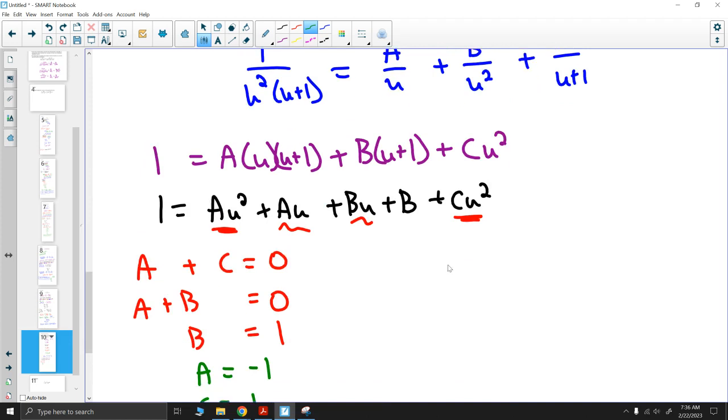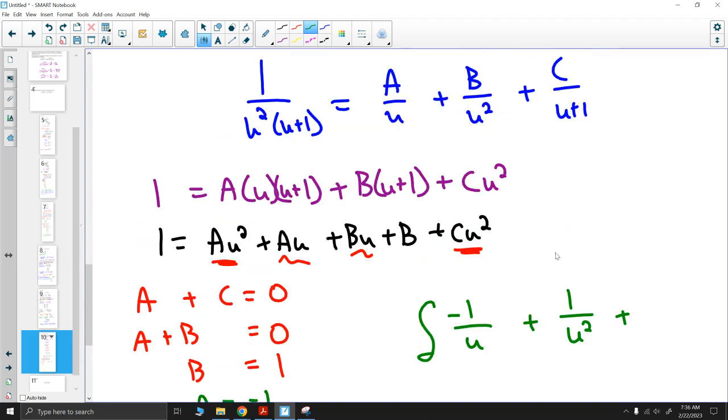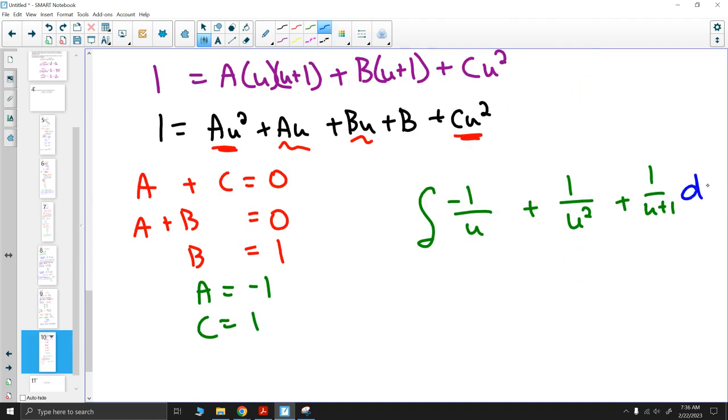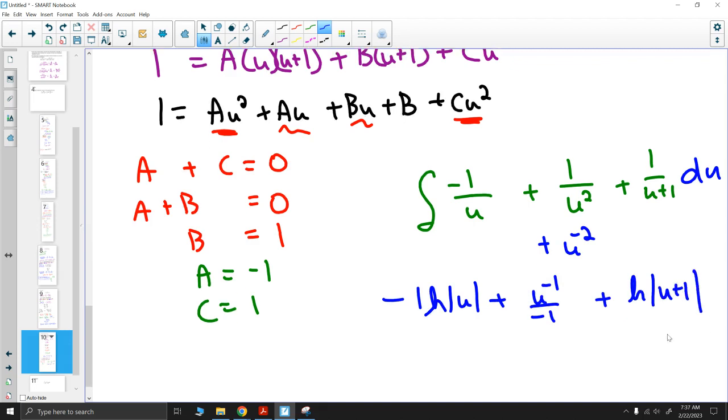So we can rewrite this as the integral of -1 over u, plus 1 over u squared, plus 1 over u plus 1, du. The middle one is a u to the -2 when we integrate. This is -1 natural log of u, plus u to the -1 over -1, plus natural log of u plus 1, plus c.